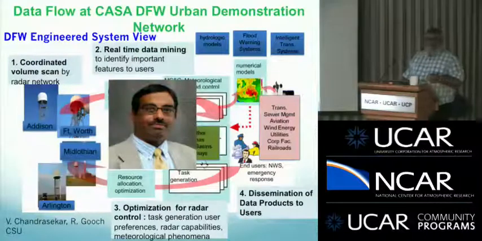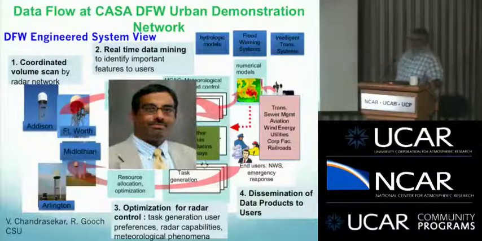The partners that we chose to work with, Chandra is a research scientist and engineer at CSU. He's doing a project down in the Dallas-Fort Worth area. They have these radars that are very small. They fit on cell phone towers. They're called CASA, part of the CASA network.